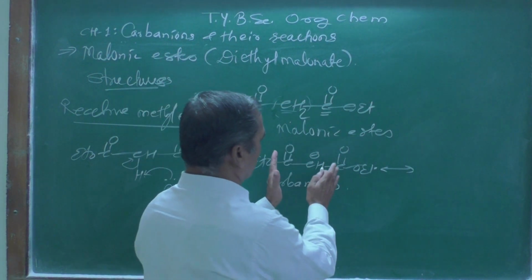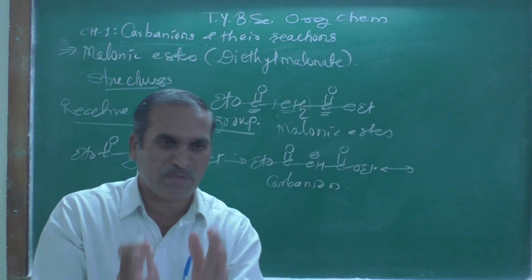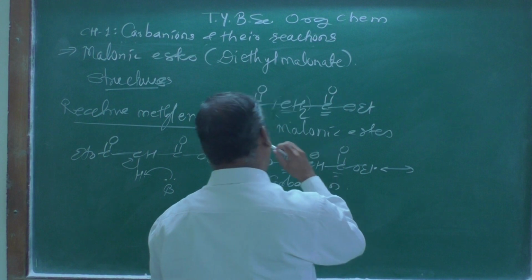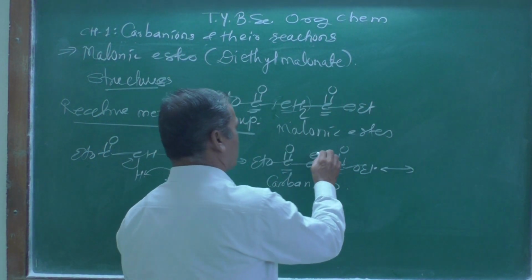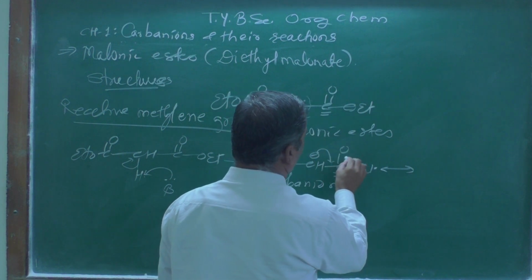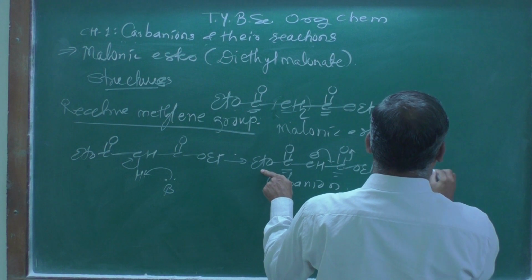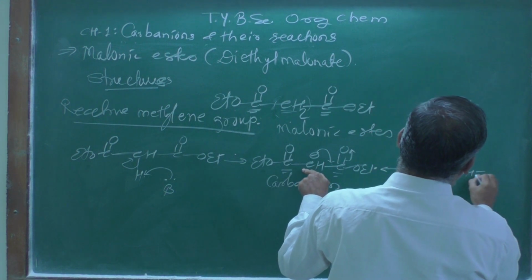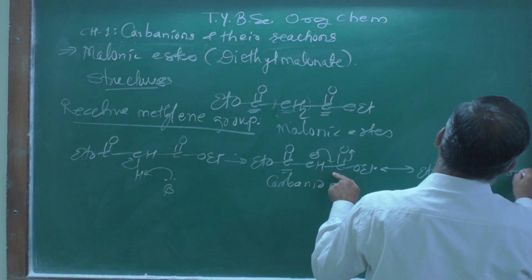Look over there, this carbanion is flanked, present in between two electron withdrawing groups, and it is stabilized by the resonance effect or the minus R, minus I effect. And therefore we can draw the structure like this: EtO, then C double bond O, then CH double bond, now CO minus, then OEt.